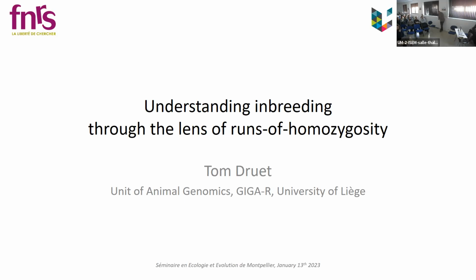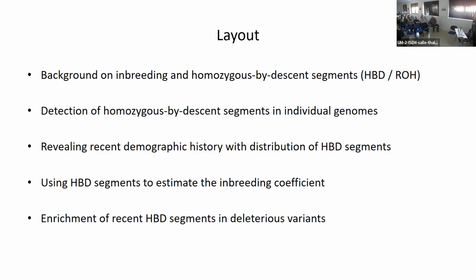So, Tom. Okay, thank you. I would like first to thank you for giving me the opportunity to give this talk on understanding inbreeding with runs-of-homozygosity. I will first give a brief layout of the presentation. I will start with some background on inbreeding and runs-of-homozygosity. Maybe some of you already know these things, but I think they are useful to understand the whole talk.